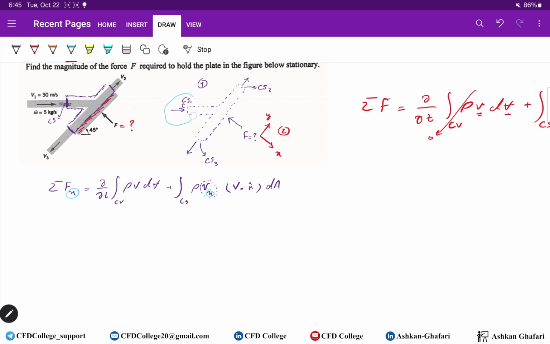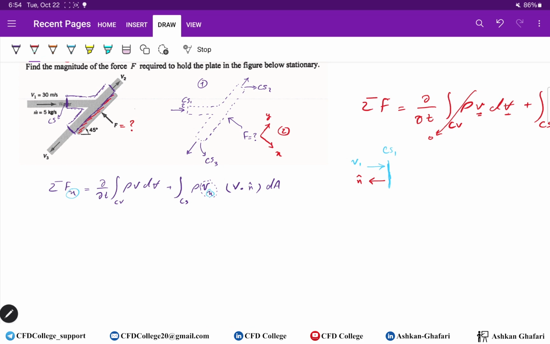Imagine this is, for example, control surface 1. We have inflow, so this is V1. Sorry. Okay, so V1 is perpendicular to this control surface and it's inward because we have inflow. N is outward normal vector.